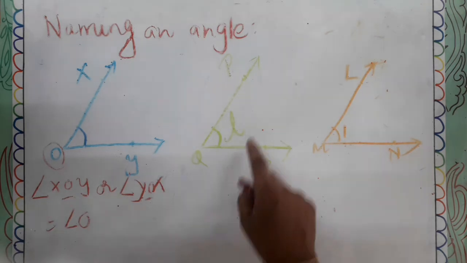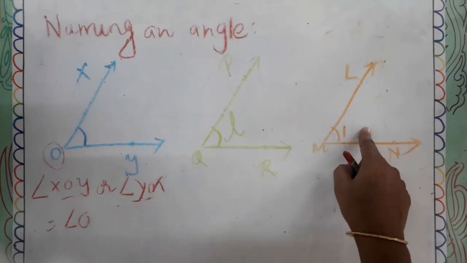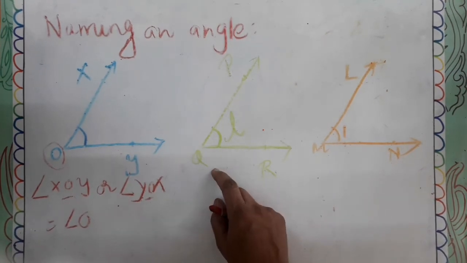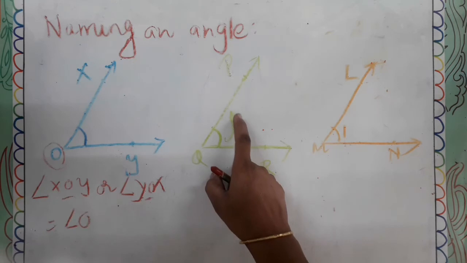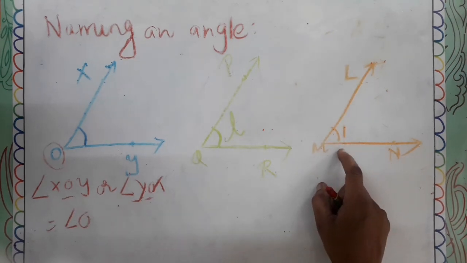Now let us see the second figure. Second and third figure both, just see. Here I have written a small letter l, and here I have written the number 1.